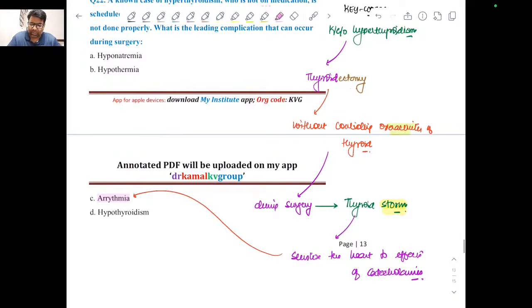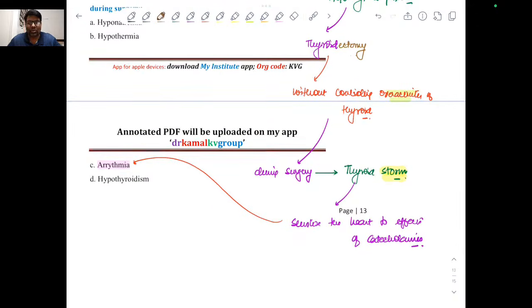So if the patient is not controlled and is taken for surgery directly, there will be thyroid storm in the intraoperative state and the patient can go into arrhythmia.